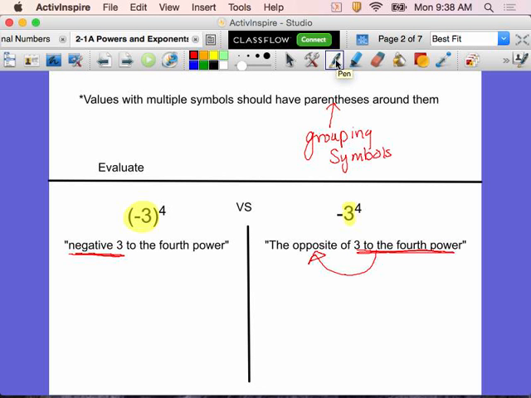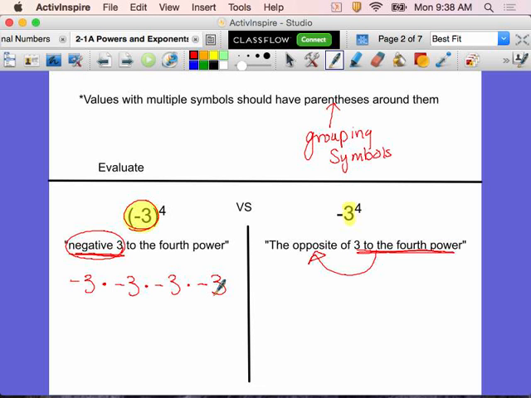We're going to evaluate each one of these by hand just to see how big the difference can be. This one will be -3 to the 4th power. So I'm going to repeat whatever my base is. I'm going to repeat -3 4 times, and then I can evaluate.